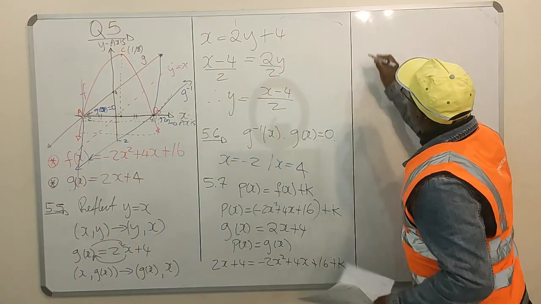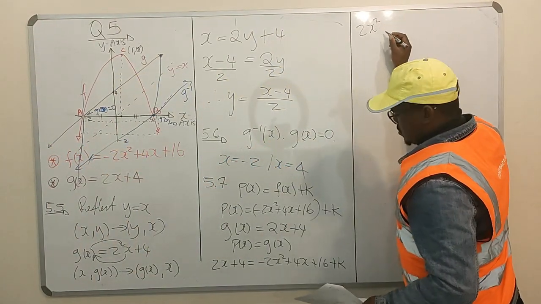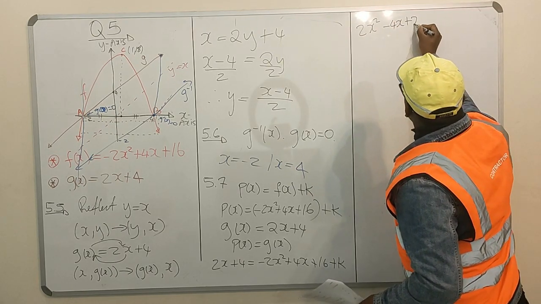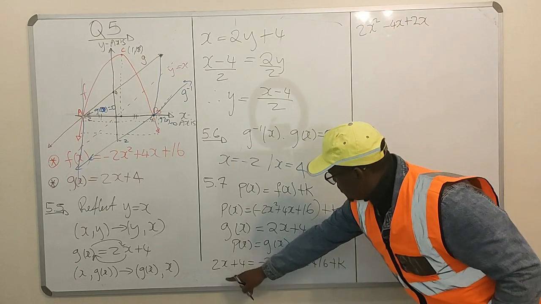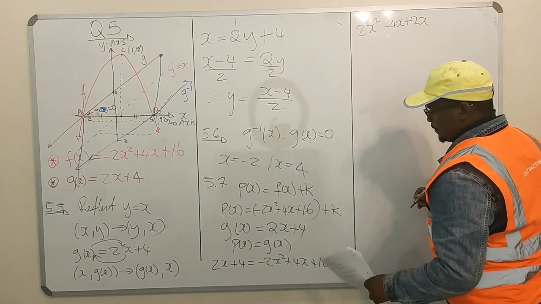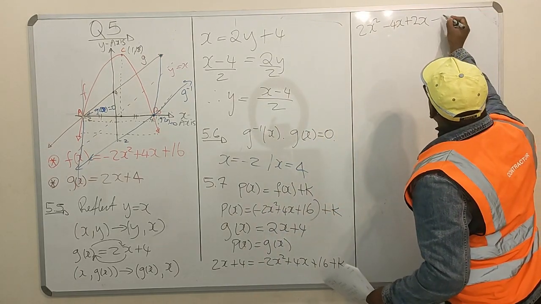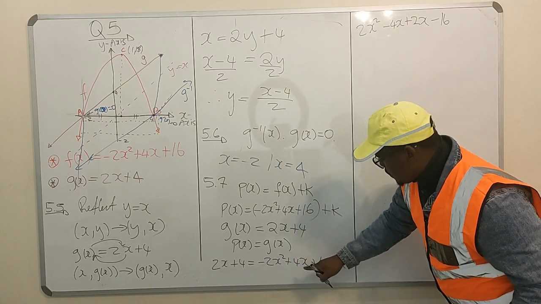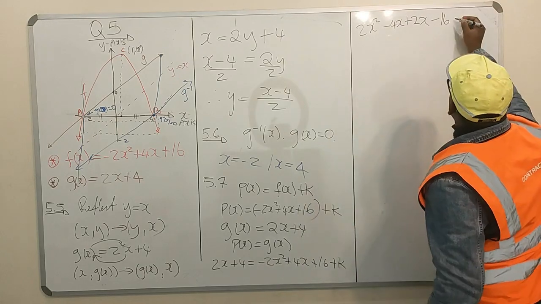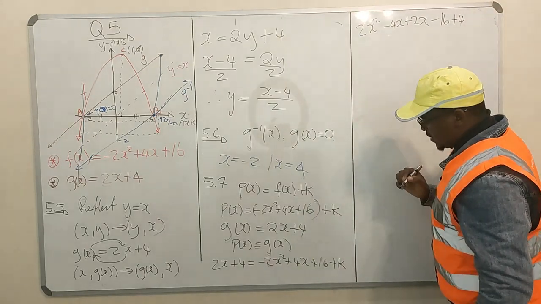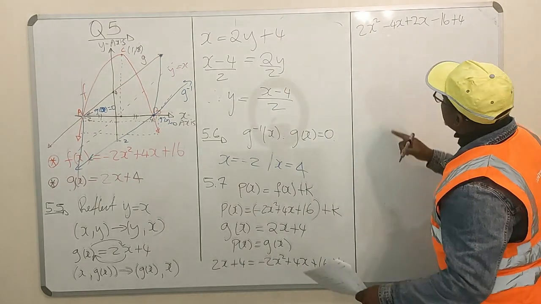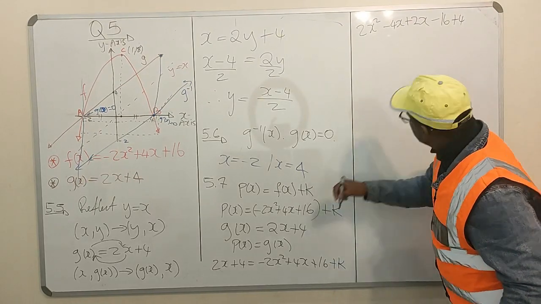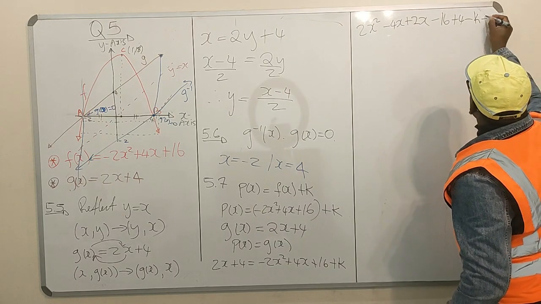We have 2x squared minus 4x plus 2x, which was there already, minus 16 plus 4, that was there already. Next, we transpose the k to the other side. So minus k is equal to 0.